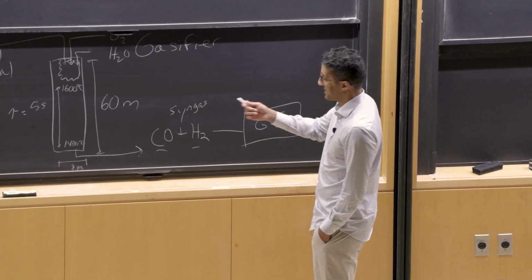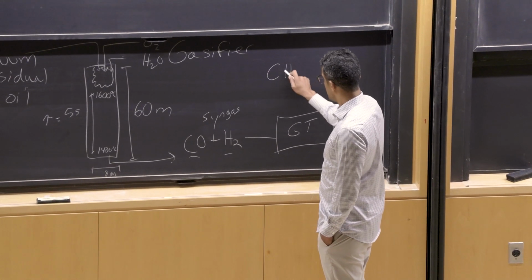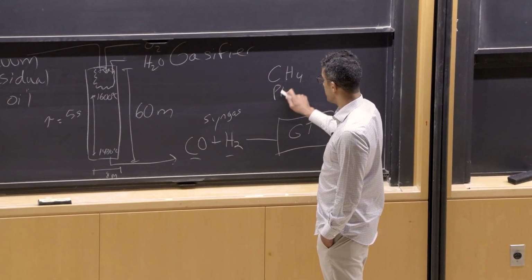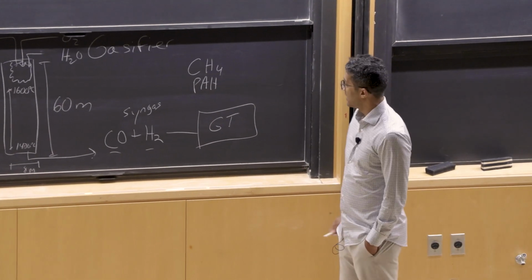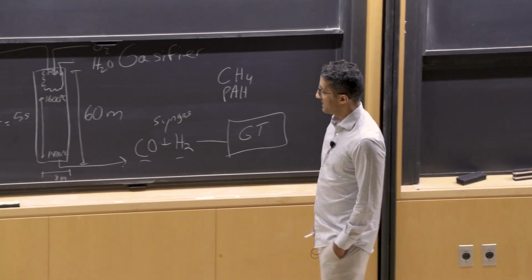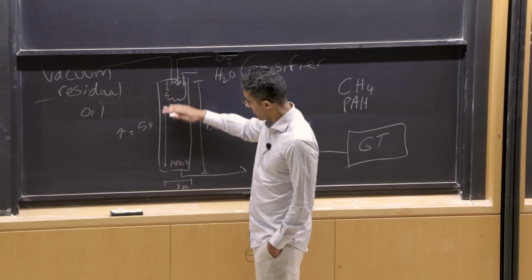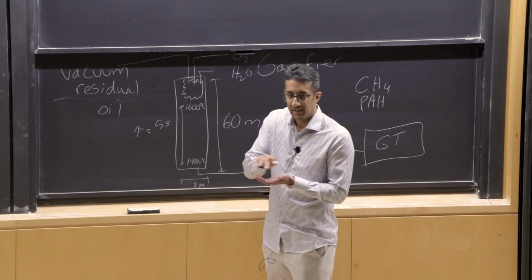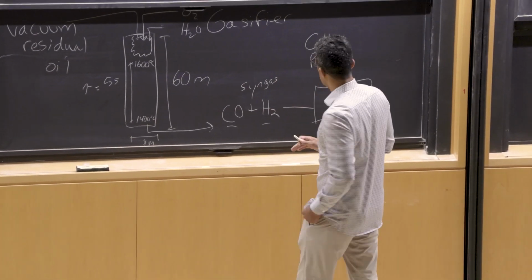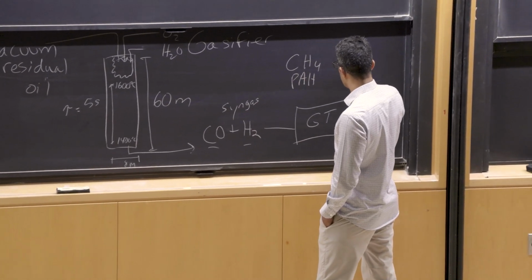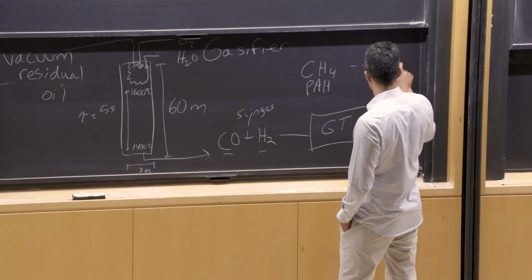There's some molecules that you cannot predict with equilibrium, yeah? Like the CH4, the methane, the PAHs. These things are intermediates that are somewhat frozen in 5 seconds. There's some intermediate fraction because the chemical reactions are frozen. And methane might be there in less than 1%.